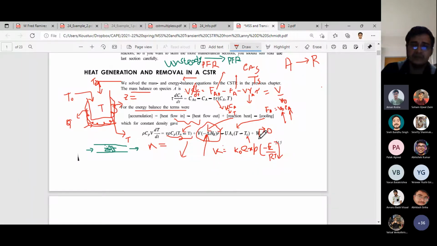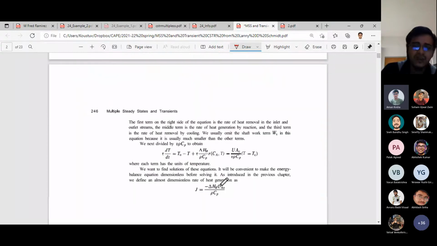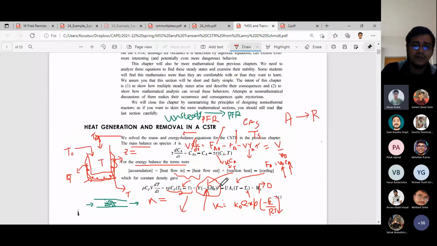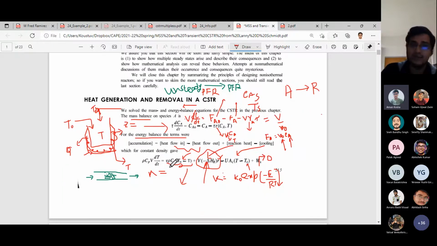There was also Ws, the mechanical or shaft work, which is typically ignored because the other terms dominate, so we don't make much use of it. Though these two major equations look like differential equations, we are in general considering the transient or unsteady state case, and gradually we will go to the steady state analysis.